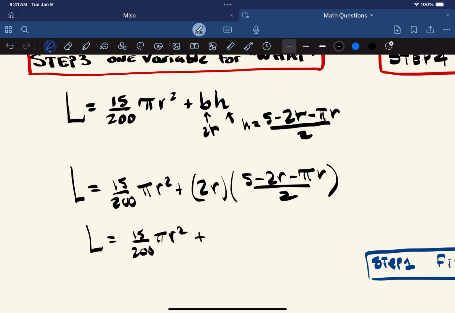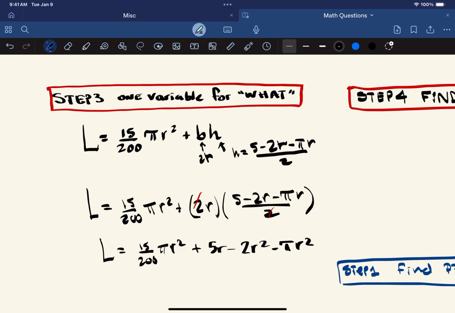So I can cancel this 2 here, and that would give me 5r minus 2r squared. What I'm doing here is distributing that to that, that to that, and that to that. So that gives us all that.